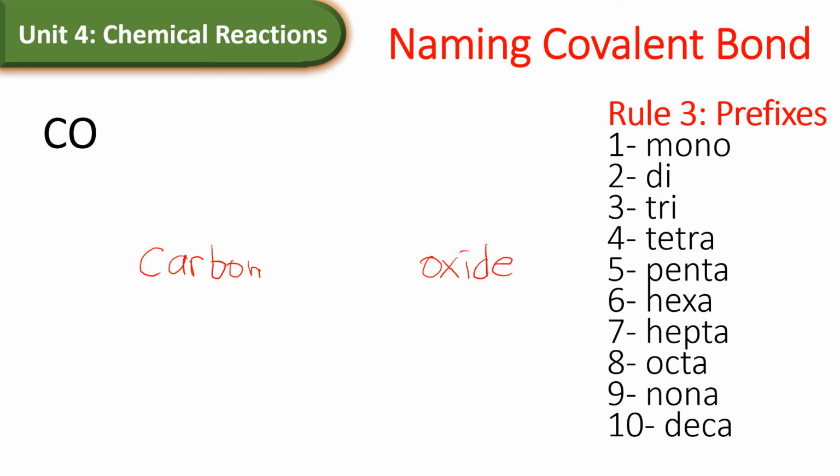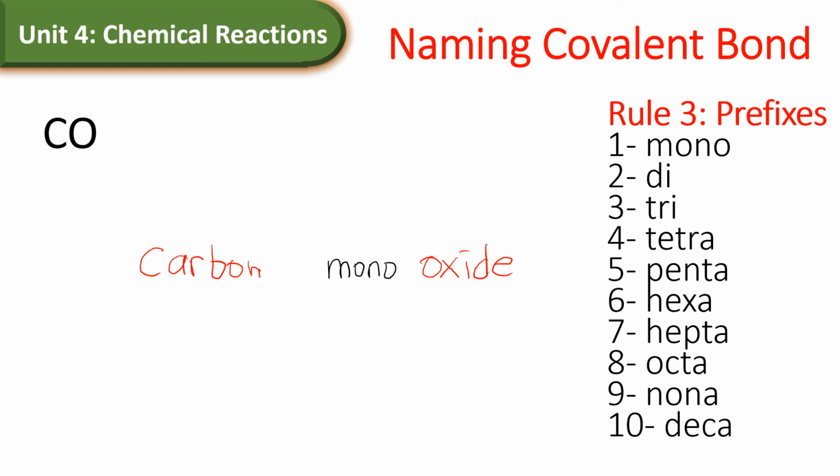And let's check how many carbon atoms are there. There is only 1. So meaning, rule number 4, do not use mono on the first element. So do not write mono in front of your carbon. Next, let's check how many oxygen atoms are there. There is only 1. So this time we are going to write mono in front of your oxide.